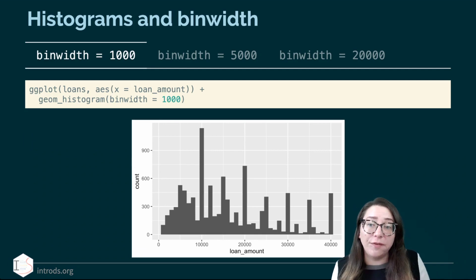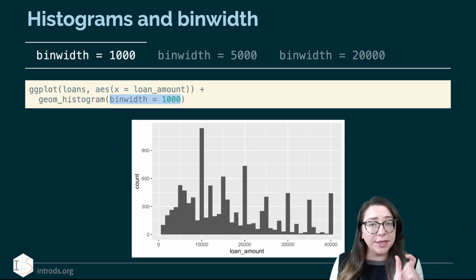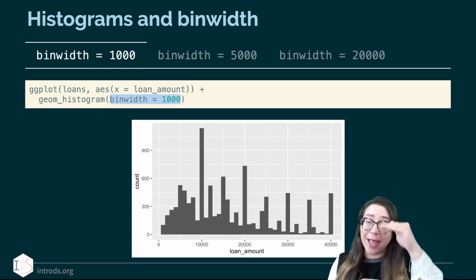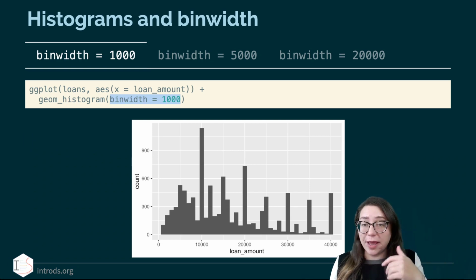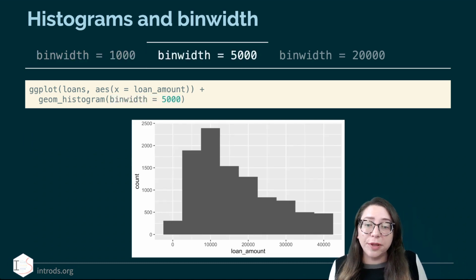In this plot, I've used a bin width of $1,000. So each one of the bars represents a range of $1,000, and the heights of these bars tell me how many loans fall into that bin. In the second plot, I have used a bin width of 5,000.